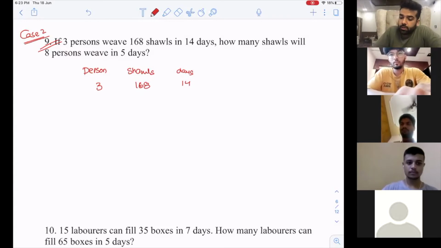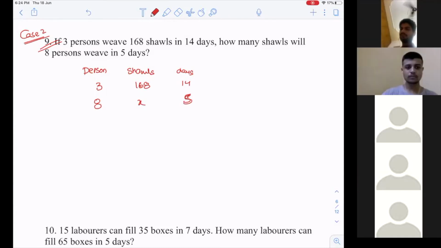How many shawls will 8 persons weave in 5 days? 3 factors are given to us. Everybody clear or not? Any doubts?